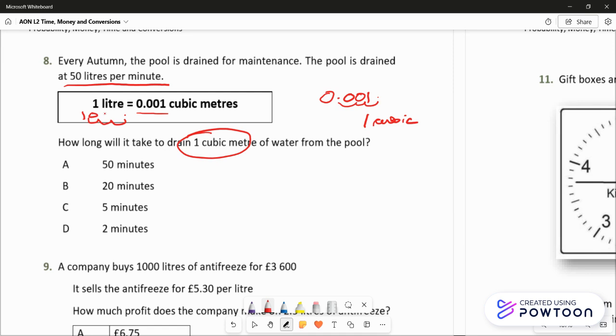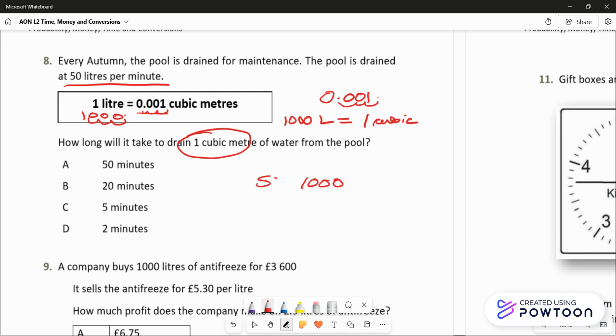So that means 1,000 litres is 1 cubic metre, okay? So we moved it 3 places here to make it a whole number, 1. Make sure we do the same on the other side. So now we've got 1,000 litres and it takes 50 litres per minute to drain the pool.